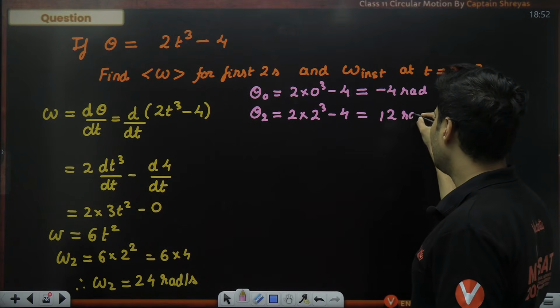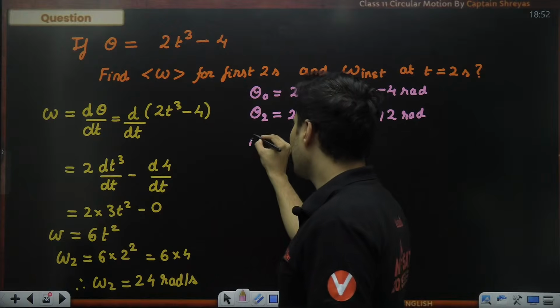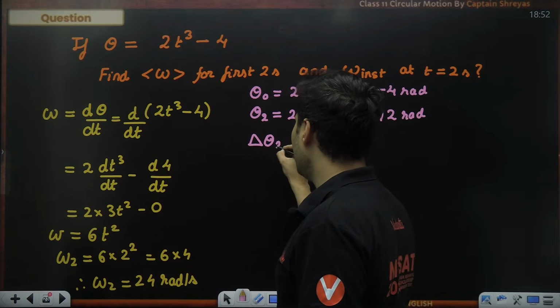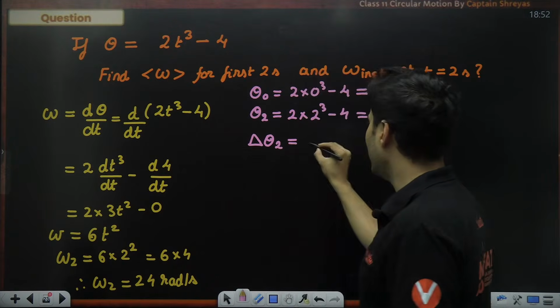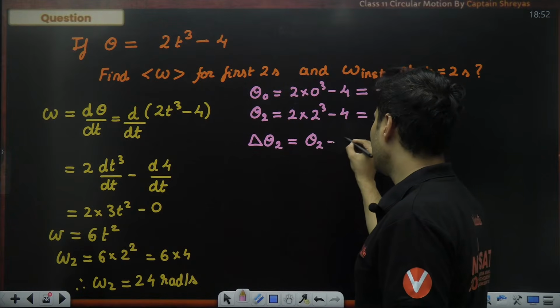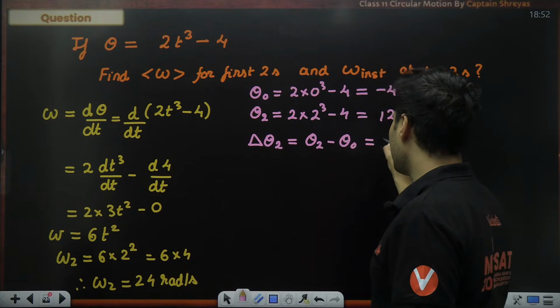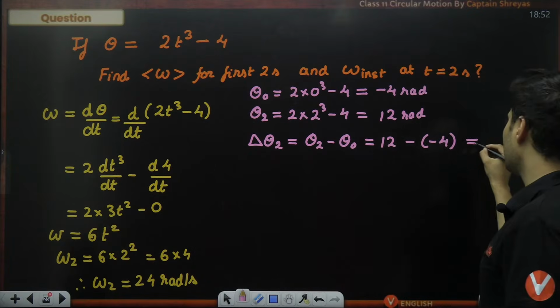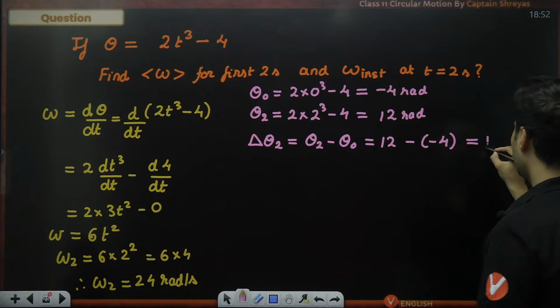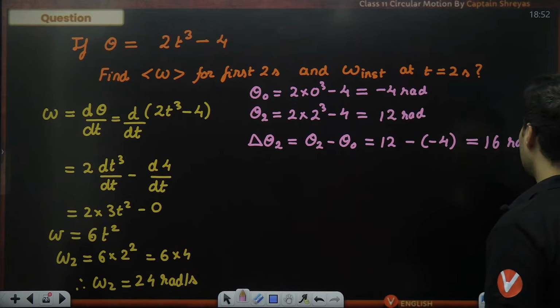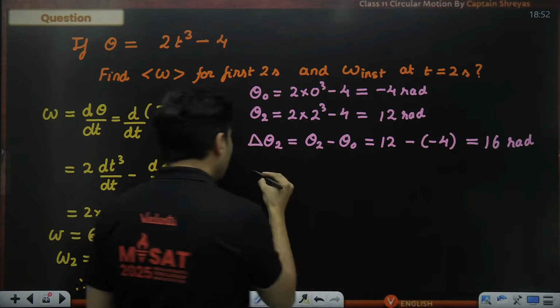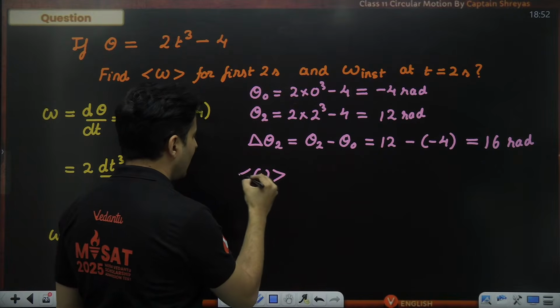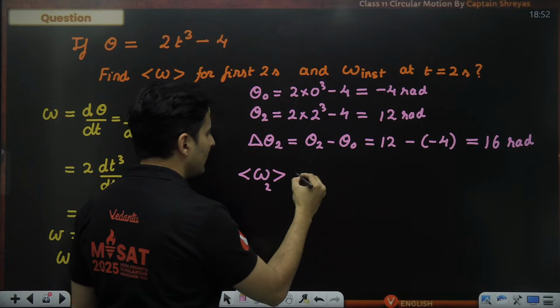So 12 radian. So the angular displacement in 2 seconds is final minus initial, which is 12 minus minus 4, which is basically 16 radians.